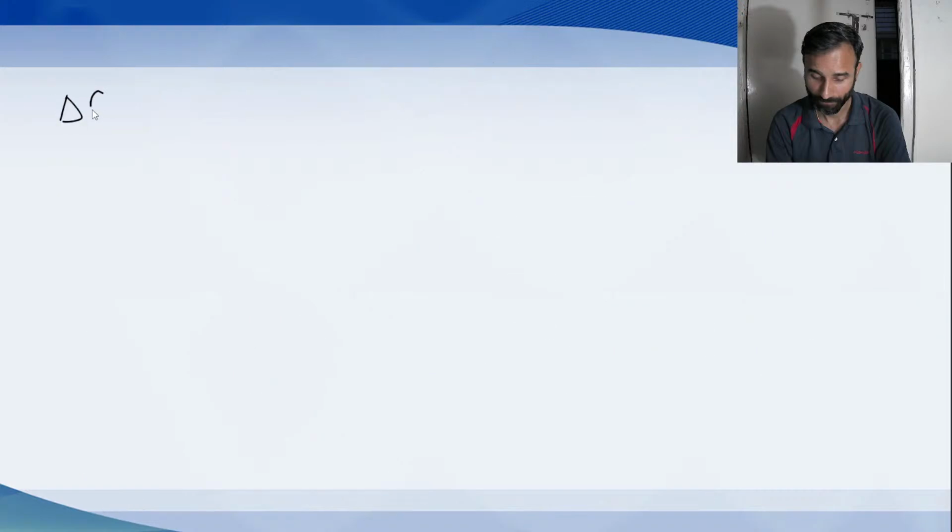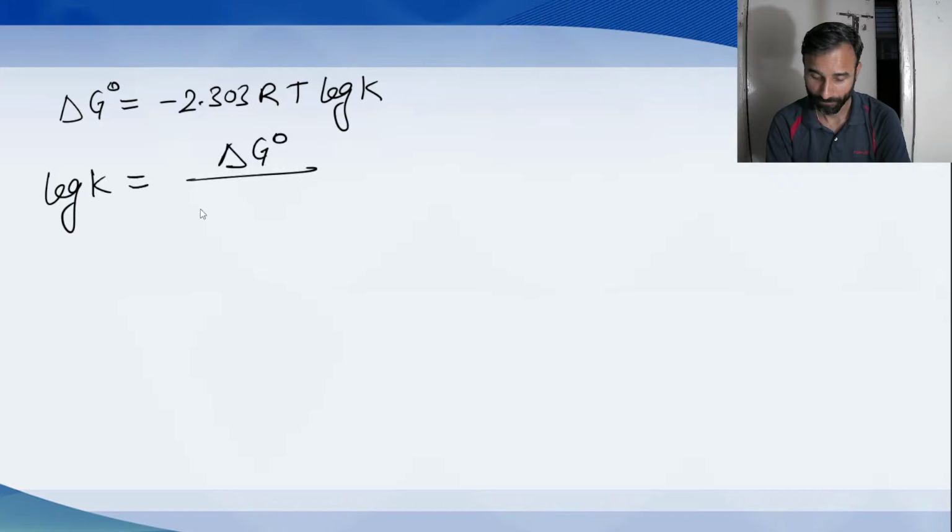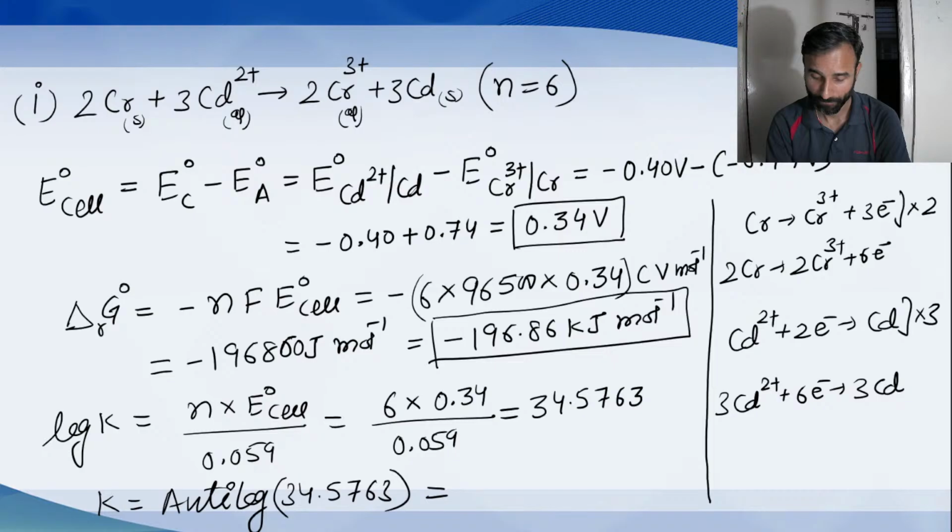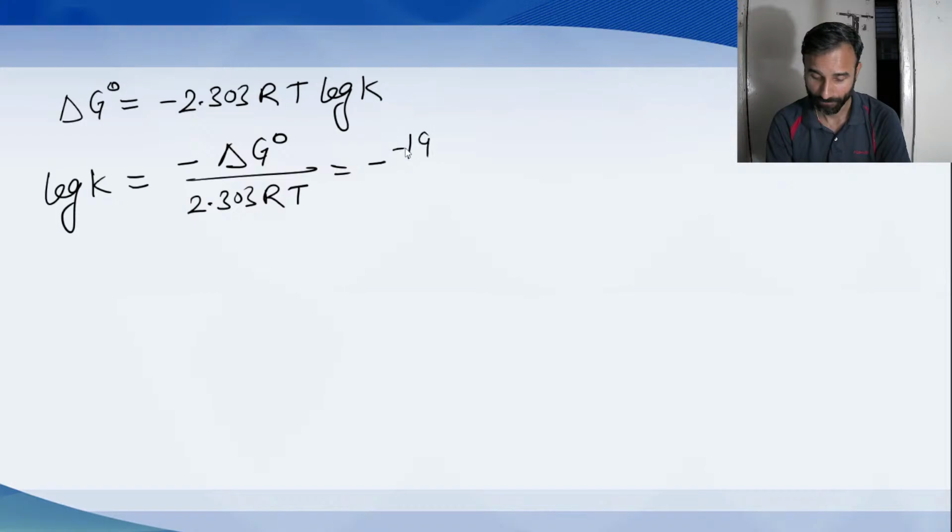Because delta G naught equal to minus 2.303 R T log K. If we use this one, so log K equal to minus delta G naught upon 2.303 R T. So what is delta G naught? 196860, divided by 2.303 into 8.314 into 298.